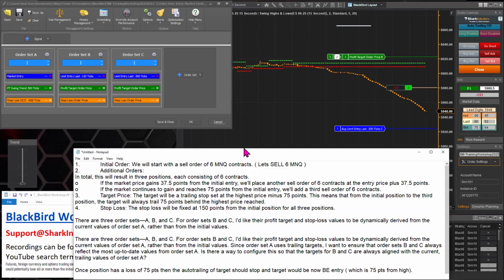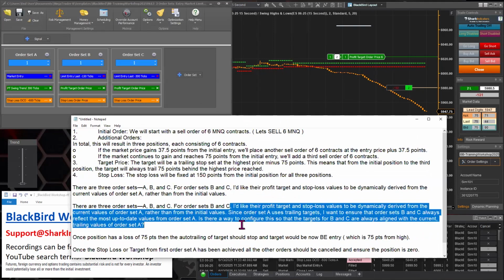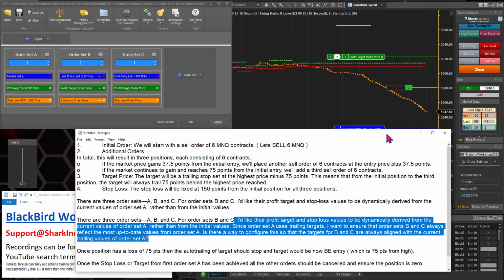That was one of the essential requirements here, making sure the profit targets line up like that. So we know that's happening there.